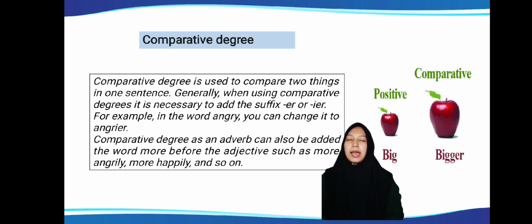Comparative degree as an adverb can also be added the word more before the adjective, such as more angrily, more happily, and so on. In the picture, the apple is positive big and comparative is bigger.